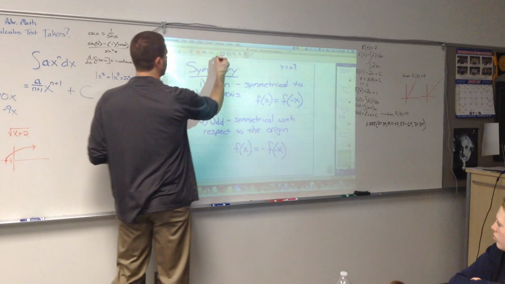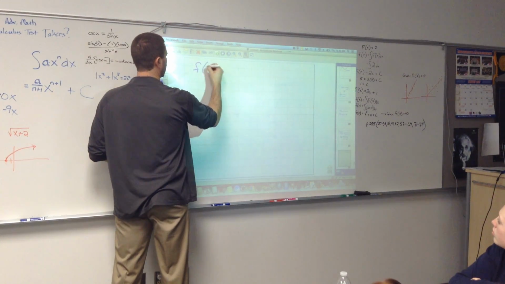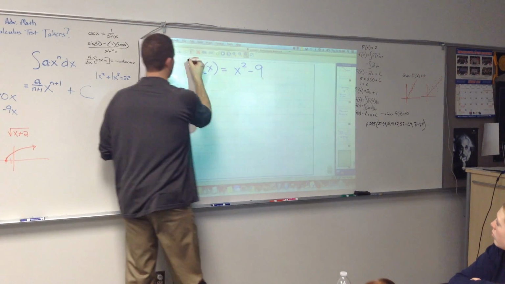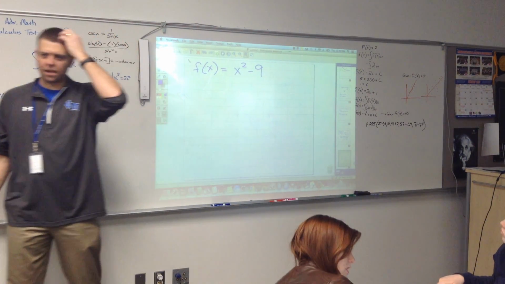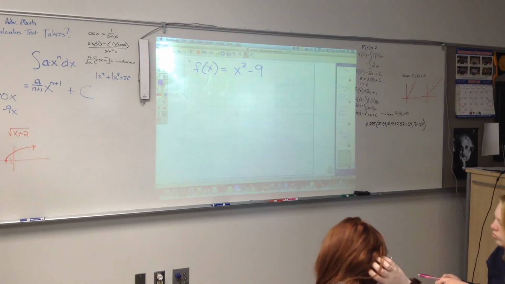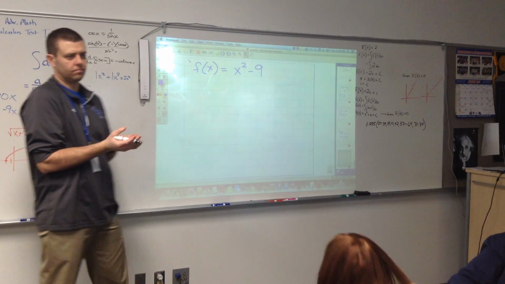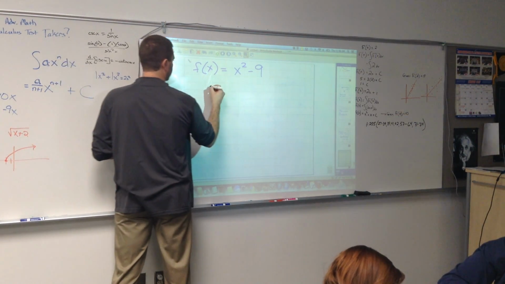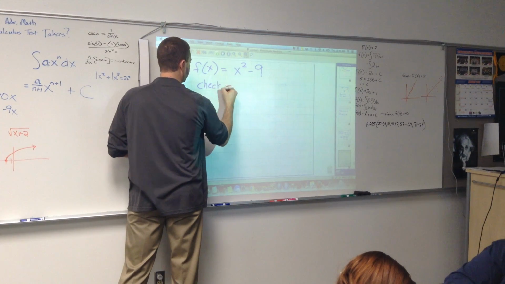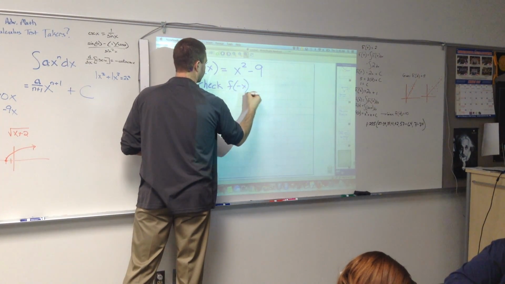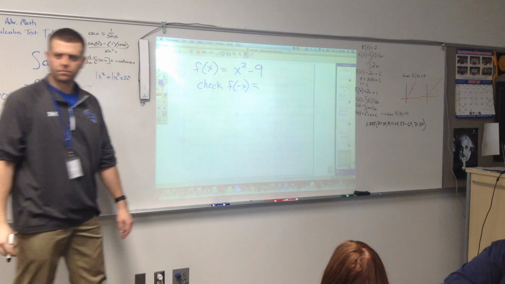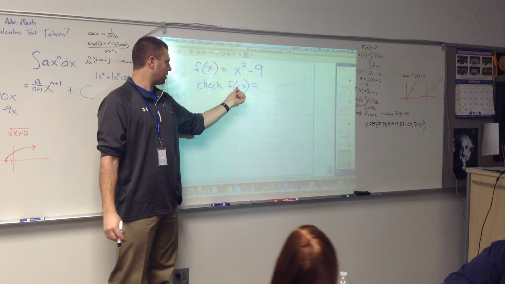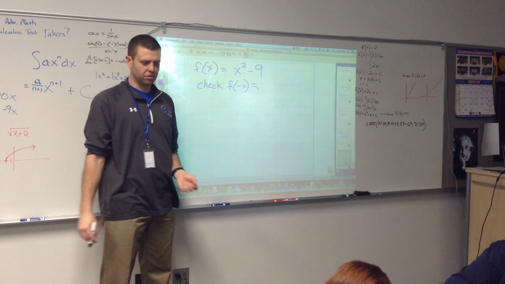Alright, so is this function even, odd, or neither one? You could graph it and look at it. Or you could check to see what f of negative x equals. To do f of negative x, what does that mean you do? You plug negative x into this function, right?